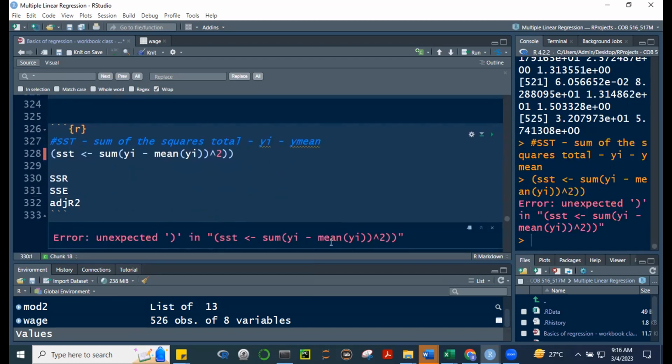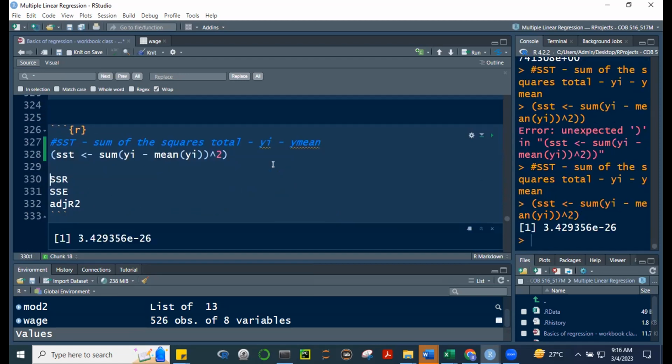Control Enter. I made a mistake. What was my mistake? This is the total, it's very large. Y sub i minus mean y sub i gives negative 0.26, so something is wrong. Let me check.